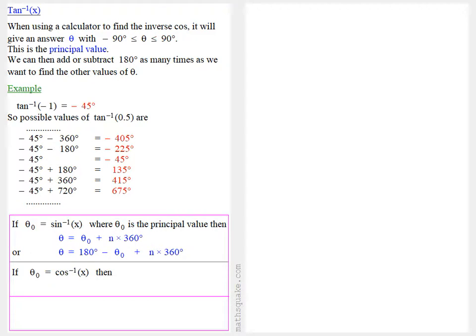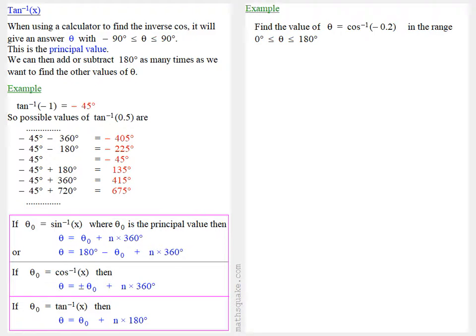If we're trying to find the inverse cosine of x, then theta is equal to plus or minus theta naught plus n times 360 degrees. And if we want to find the inverse tangent, then we get the principal value theta naught and we add on n times 180 degrees.